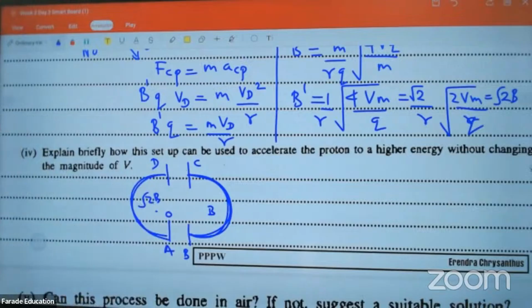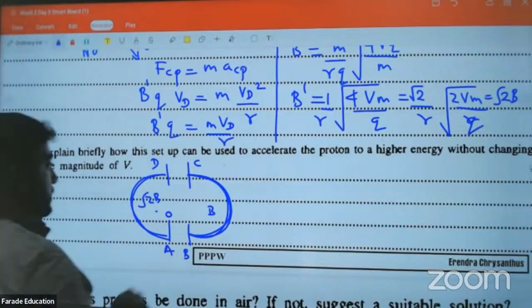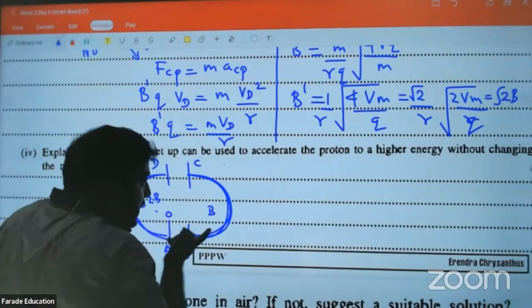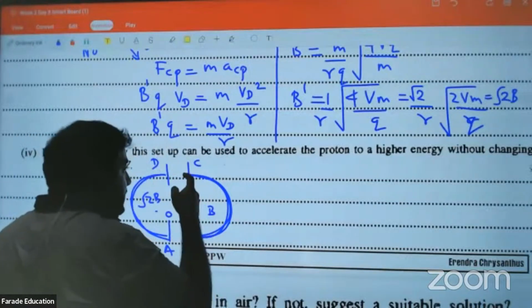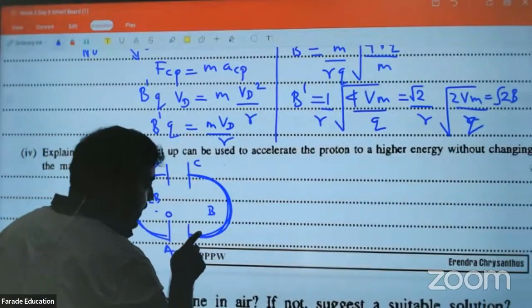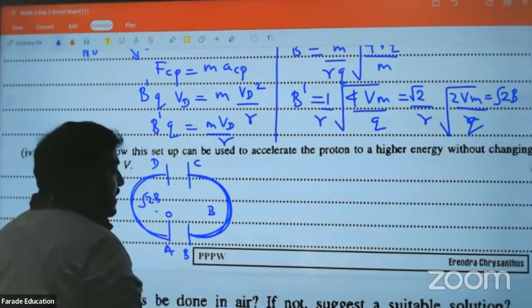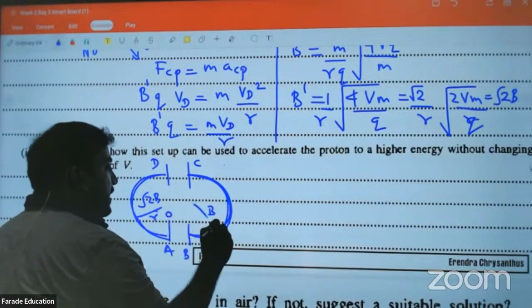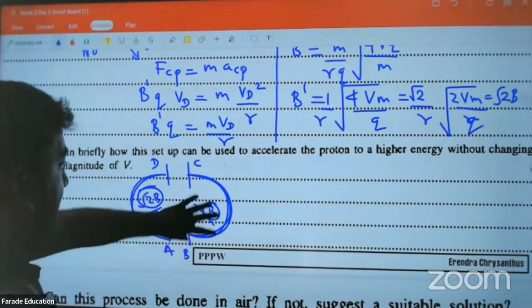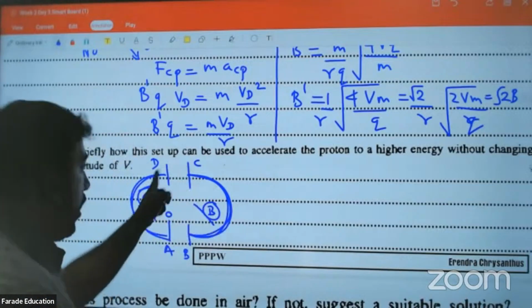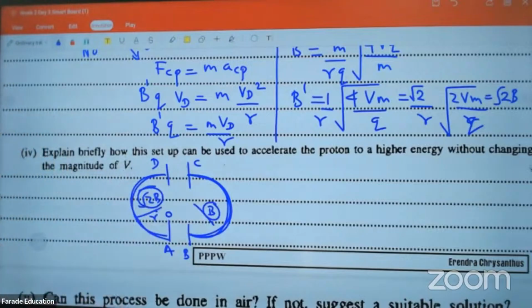And again, the velocity is increased. So here increases, constant, here increases, constant, here increases, constant, here increases. Like that, as it keeps increasing, to have the same radius, magnetic field will also what? Change. So as it increases every half cycle, alternatively, the magnetic field will also increase.